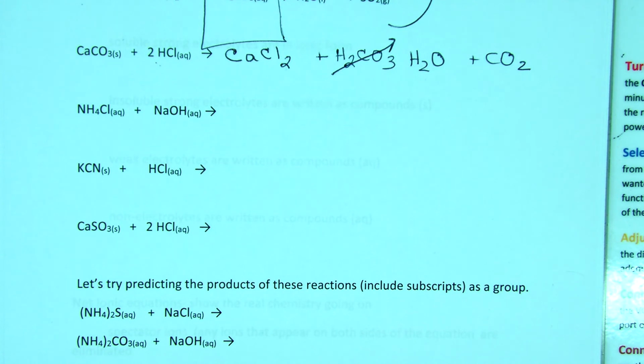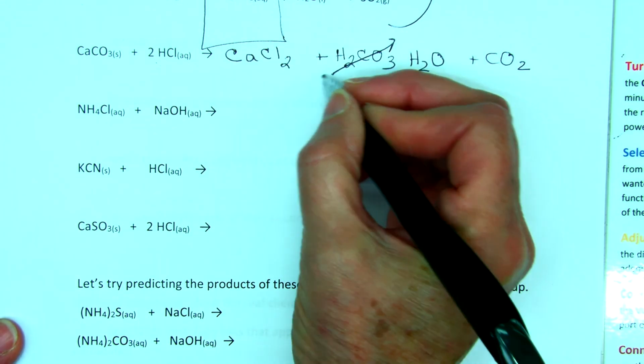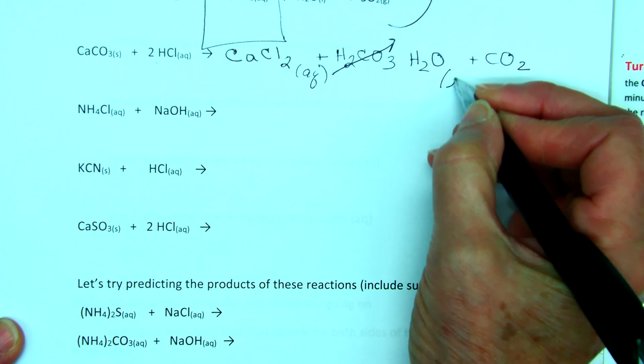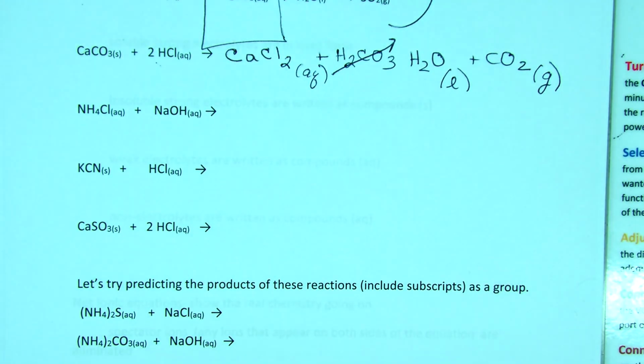Now I put in my subscripts. Calcium chloride. Chlorides are soluble. It's not silver, lead, or mercury. It's calcium. So this is aqueous. Water is a liquid. Carbon dioxide is a gas. So I kind of got a 2-for-1 deal in there. Let's look at the next one.